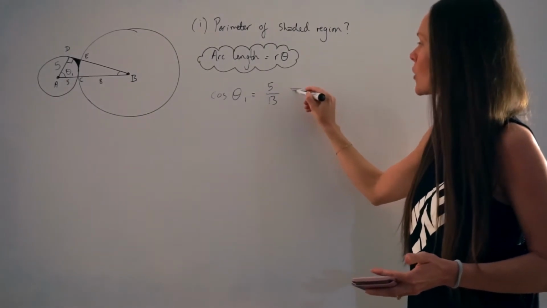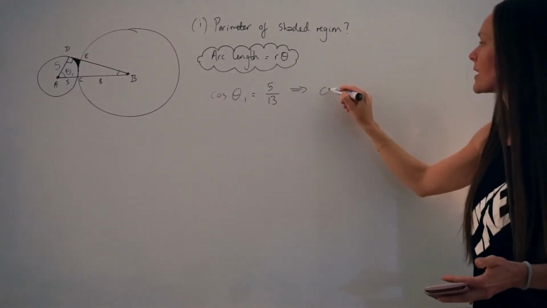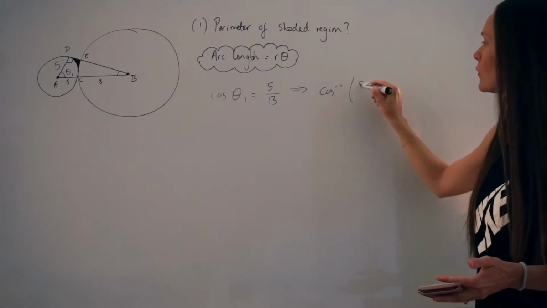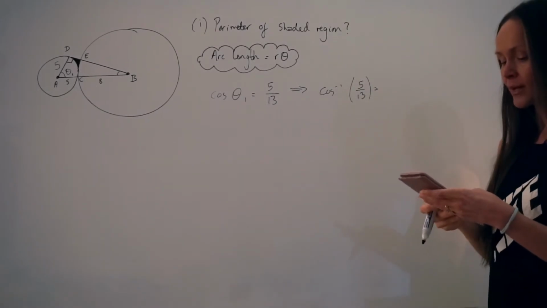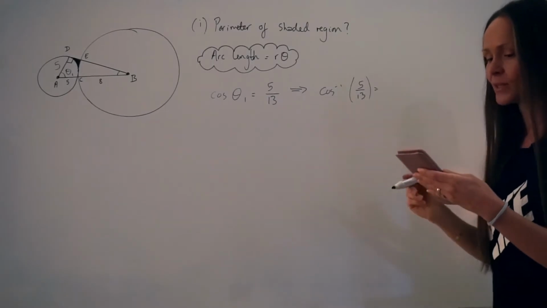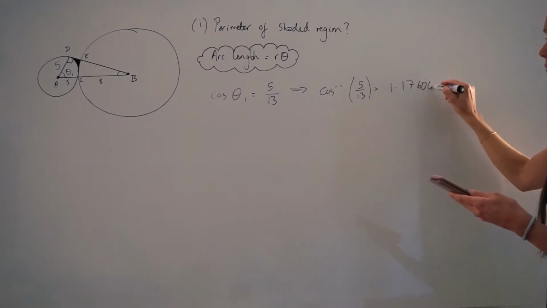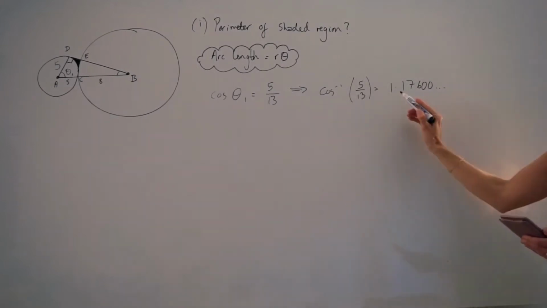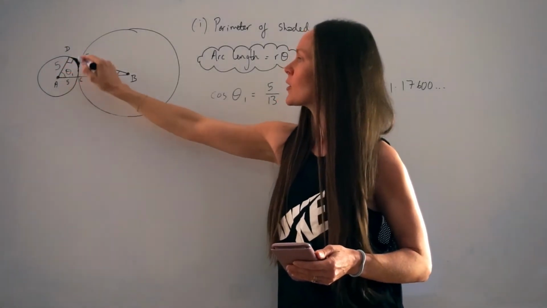To solve this equation for theta, you would type into your calculator cos minus 1 of 5/13, and remember your calculator has to be set in radians when you do this calculation. It will give you 1.17600 and so on. So that's the angle here, for this sector in the smaller circle.